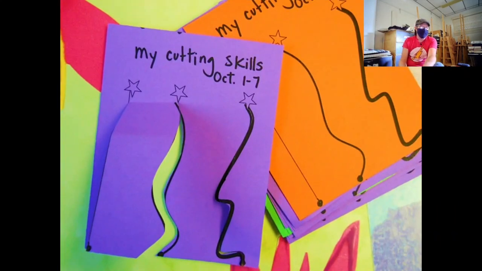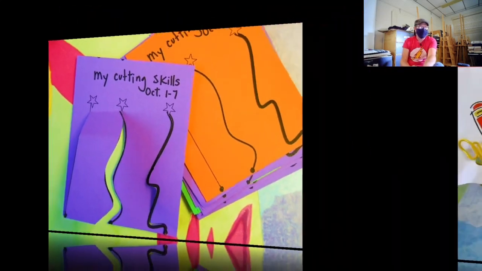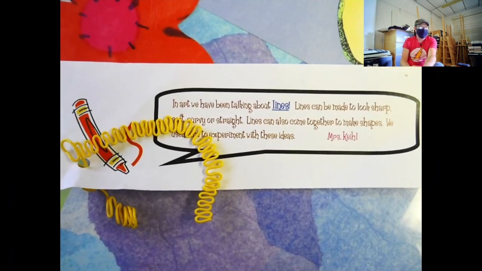Or certainly learning how to cut with scissors is important, and creating something that, again, is meant to show the parents so they can understand. In art, we have been talking about lines, but the parents need to know what that means. Lines can be made to look sharp, soft, curvy, or straight, and so on, to, again, educate the parent.